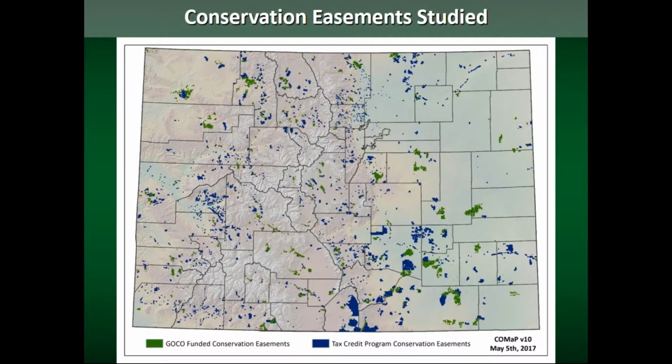The blue ones are the tax credit program, and the tax credit program ones actually have some GOCO money usually, but because of the data, we were not able to separate them with perfect confidence, and so in some cases we have not double counting, but we do have some places where we can't separate the one from the other.